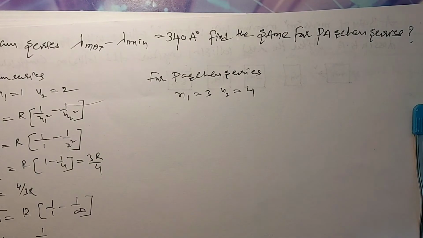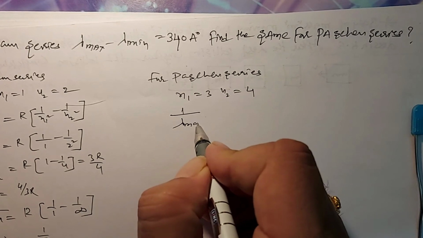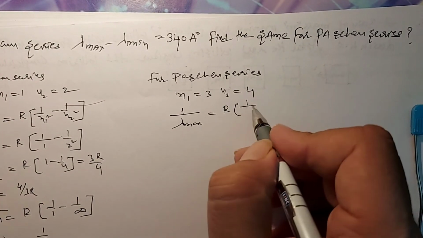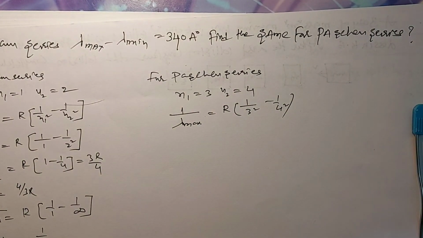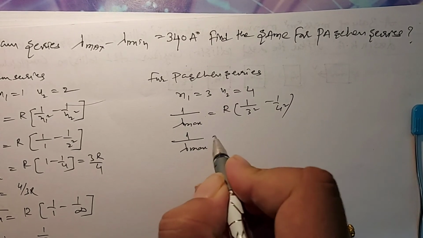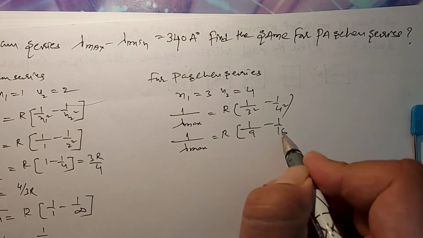In this situation the electron loses less energy, so the maximum wavelength is emitted. So 1 by lambda maximum is equal to R into 1 by 3 square minus 1 by 4 square, that is R into 1 by 9 minus 1 by 16.